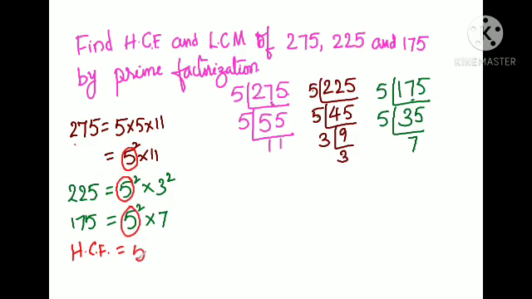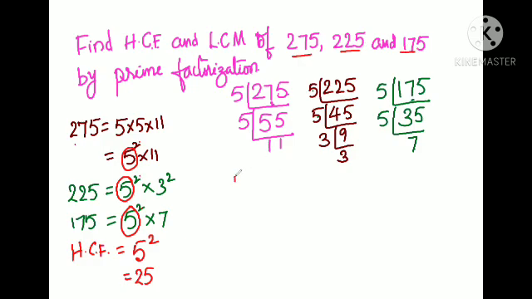So write 5. No other numbers exist in all the prime factorizations. Now 5 is the common factor, and we have to take the least power of 5. Here 2 is there, here also 2, here also 2. So 5 square, 25, is the HCF of the given three numbers.